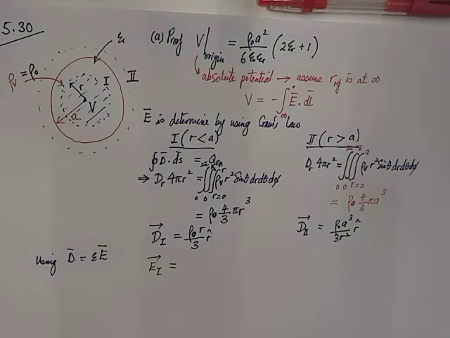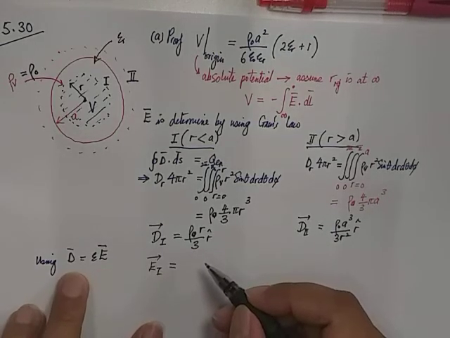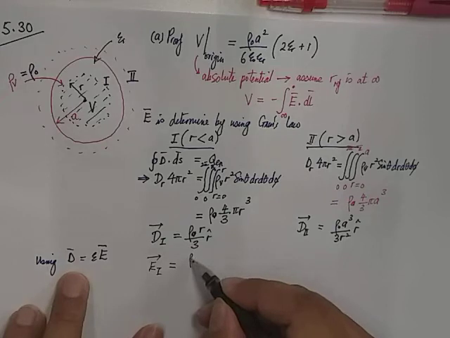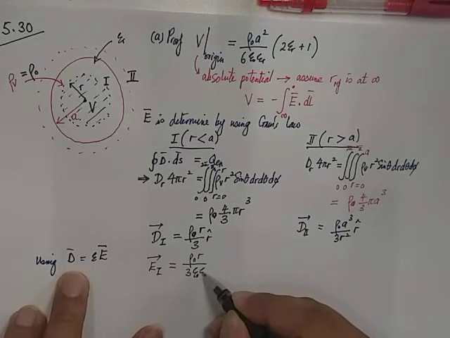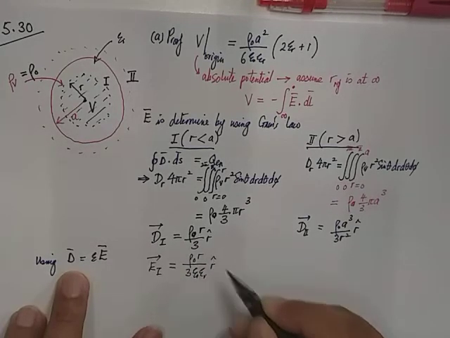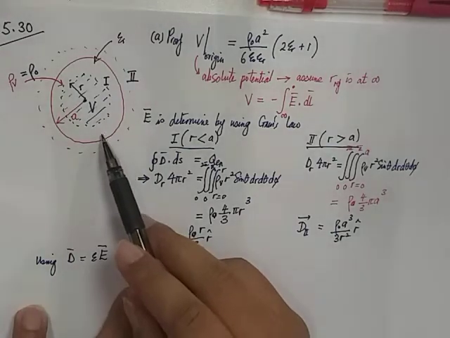For E1 it should be D over epsilon, so rho naught R over 3 epsilon naught epsilon R in the R direction. That should be E1, because the medium here is dielectric.